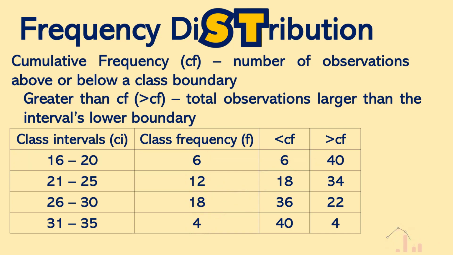You would also know that your answer is correct here, because the greater than cumulative frequency for the smallest class interval is also the same as your total observations of 40. So this is your greater than, and earlier your less than cumulative frequency.